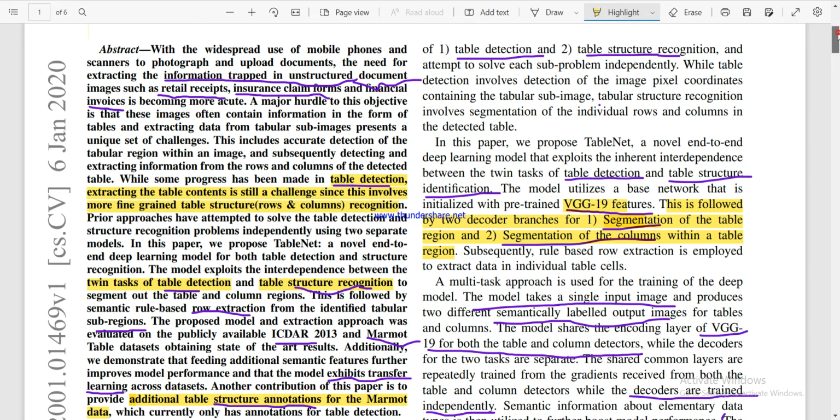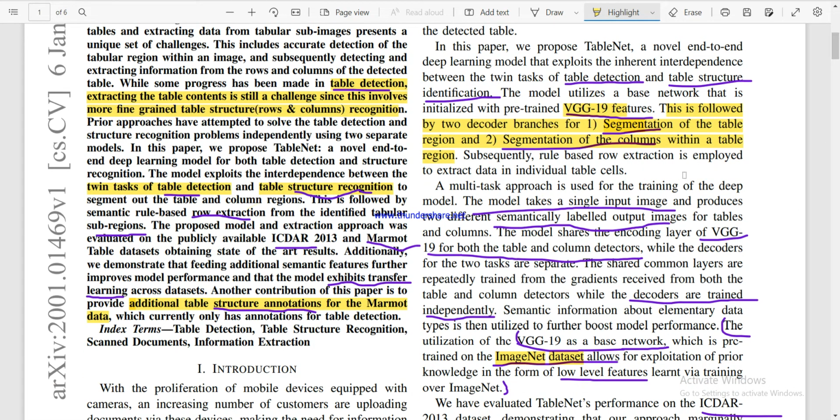For this purpose, they are taking input images. The model takes a single input image and produces two different semantically labeled output images for table and column. Okay, and the model shares the encoding layer of VGG19 for both the table and column detector, while the decoders of the two tasks are separate, because both tasks are separate.